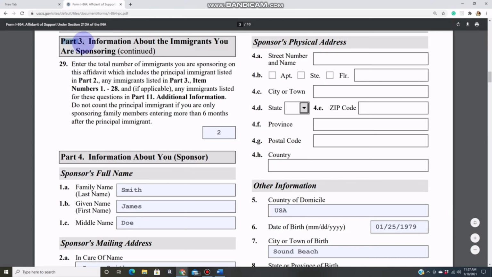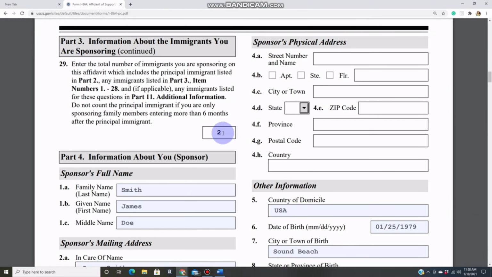In Part 3, item number 29, I wrote down 2 in the space provided since my petitioner, my sponsor, is sponsoring me and my derivative applicant, or K2.